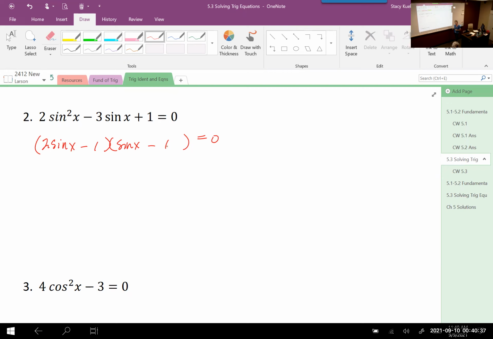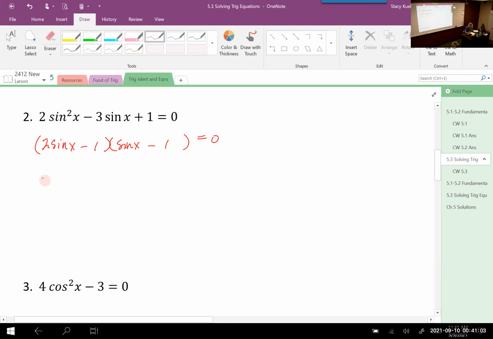This is what we call the zero product rule, all right? I can't solve an equation using factoring if it's not already set equal to 0. It's a rule that says if it's set equal to 0, then I can take each of my factors, which are the things in parentheses, set each of those factors equal to 0 and solve.